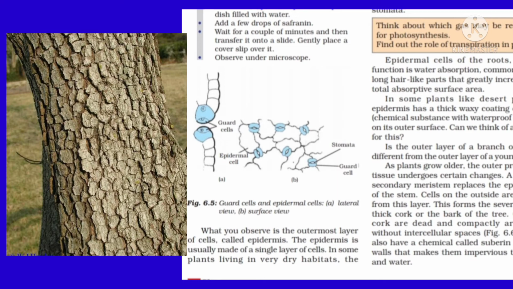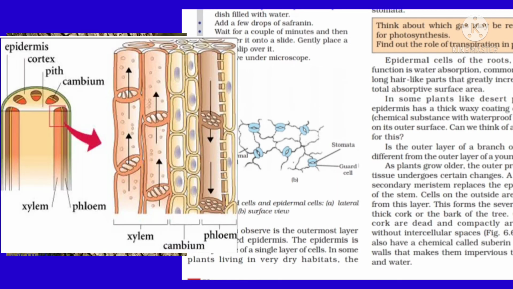Now tell me, why are the stems of grown-up plants harder, with a bark surface? Because as the plant grows with time, the meristematic tissue cambium, which is present between the xylem and phloem vascular tissues, shows secondary growth.